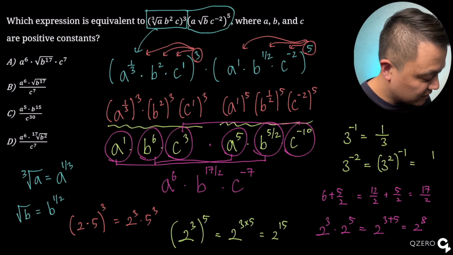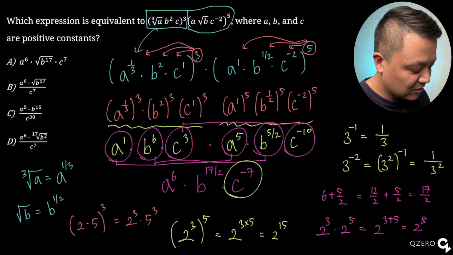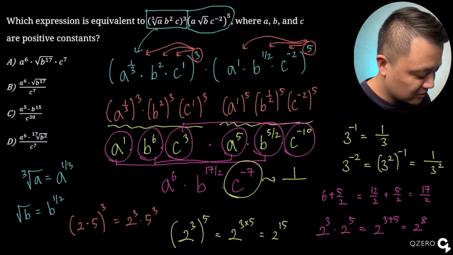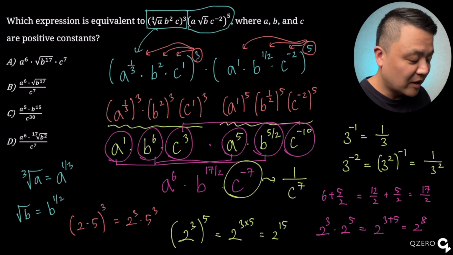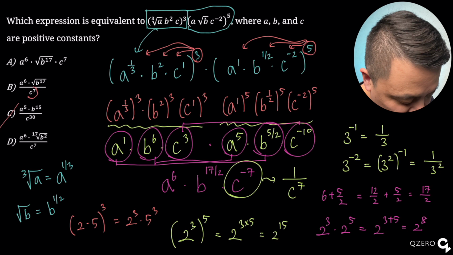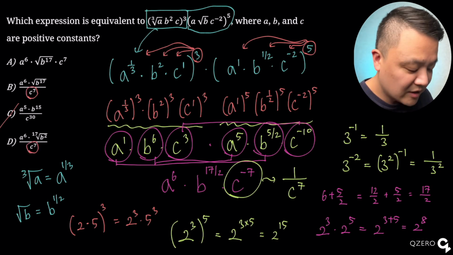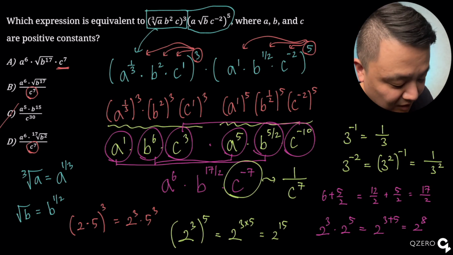This is 1 over 3 squared. So what we have here, c to the power of -7, is actually 1 over c to the power of 7. So we're supposed to have c to the power of 7 in the bottom. We have c to the 7 in the bottom, but answer choice A has c to the 7 on top. So we can eliminate that one.